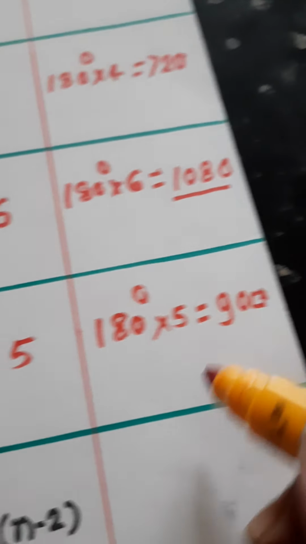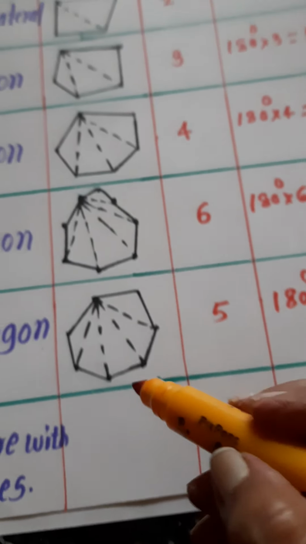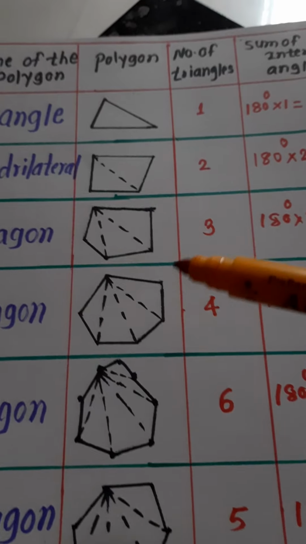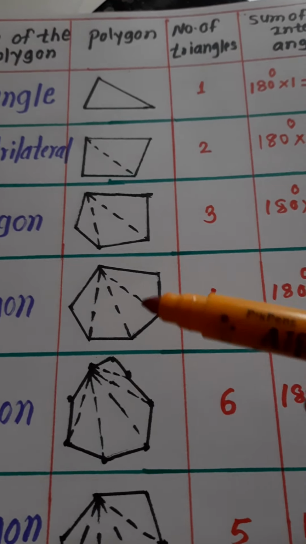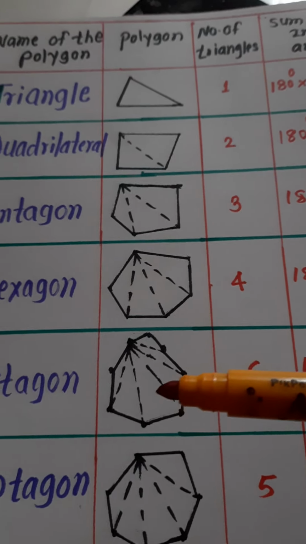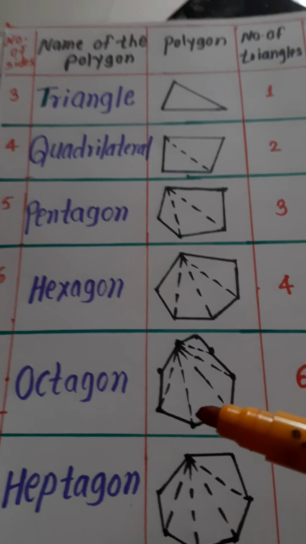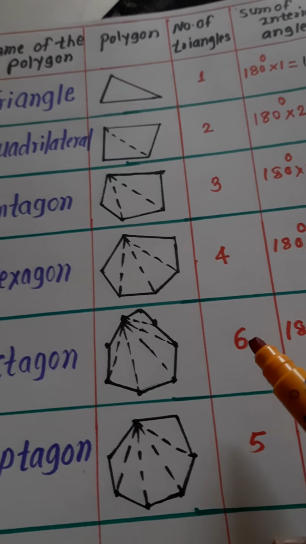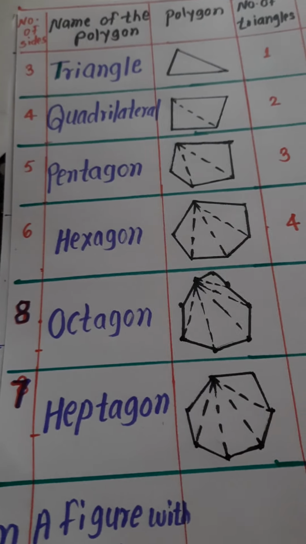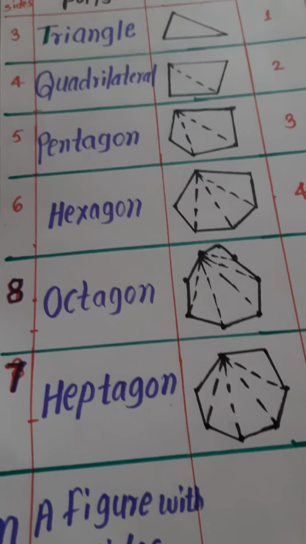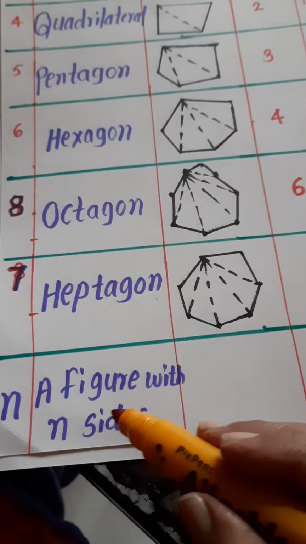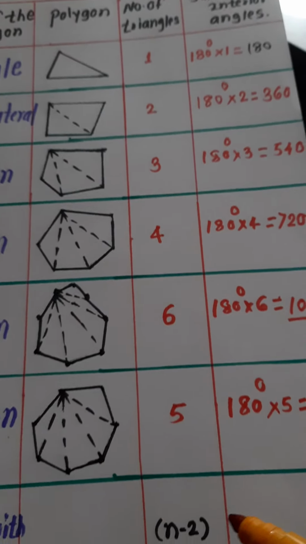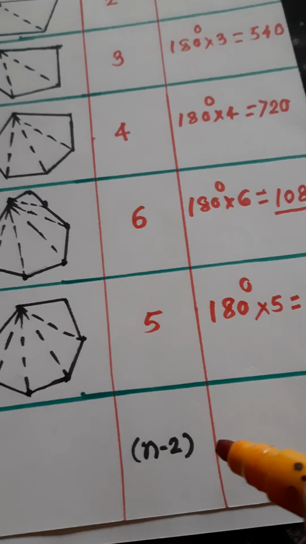Okay, see, when we observe polygons, we have concluded that there is a relation between the sides and the number of triangles. If in a figure there are n sides, number of triangles will be n minus 2.